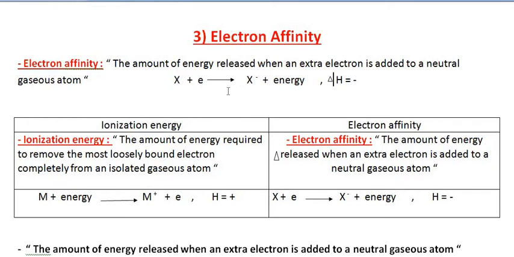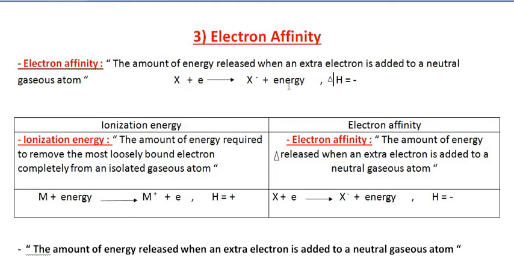Delta H here is the energy lost. What is energy lost? This atom loses energy. But in the ionization energy, the atom loses an electron, and delta H was positive. Here delta H is negative because the atom loses energy.